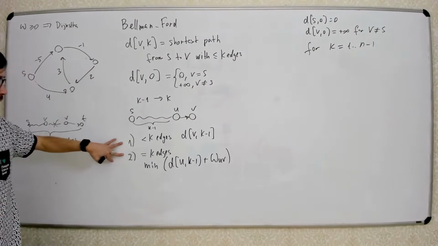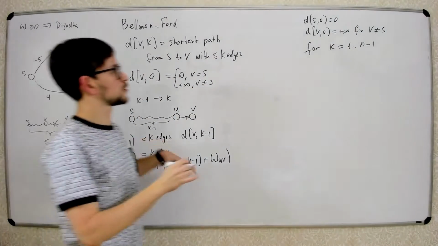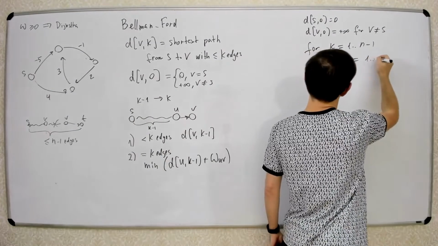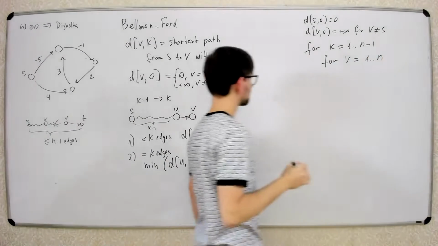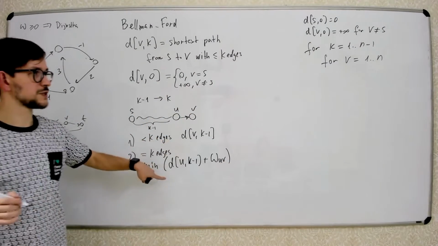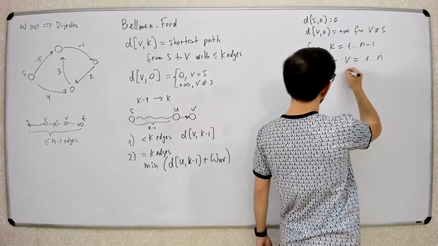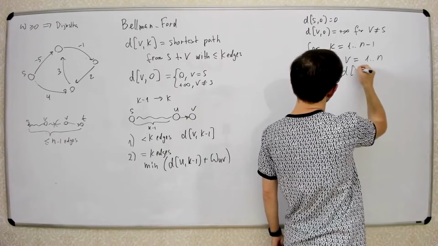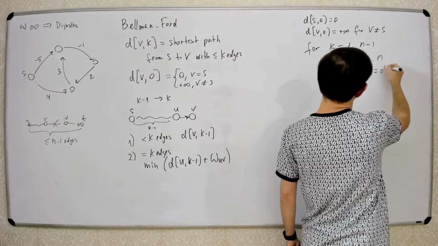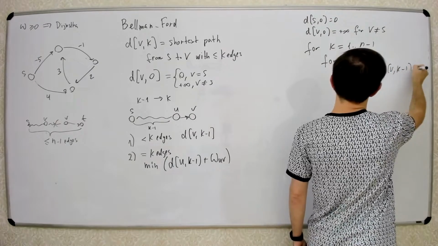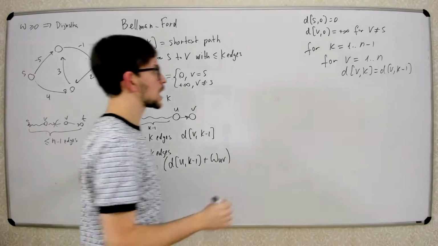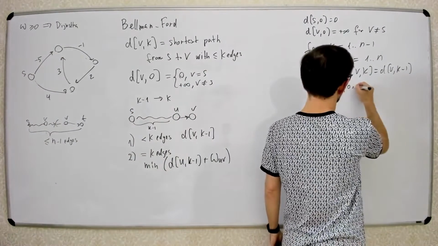And just implement this formula. So we iterate over all vertices, and for each vertex, we take minimum of these values. Let's say d_v^k equal to d_v^(k-1). So use this, and now we iterate over all edges.